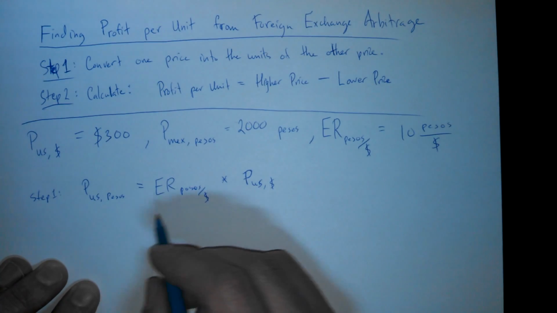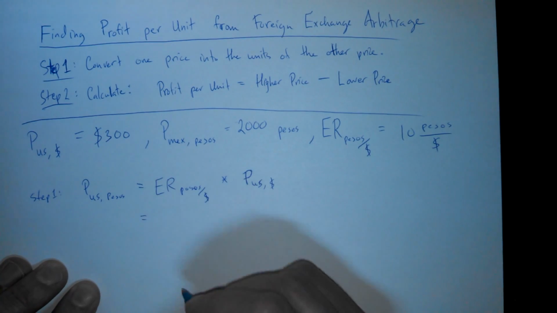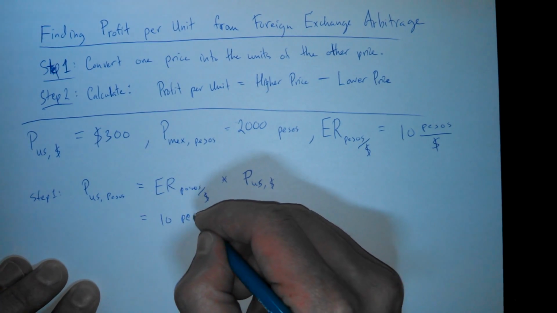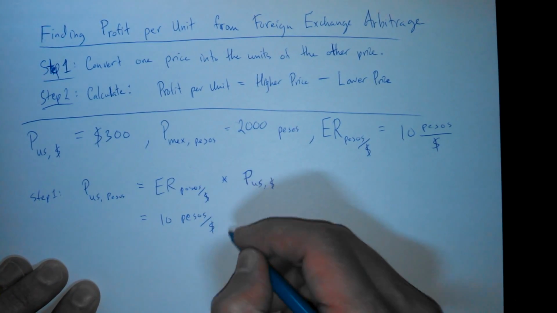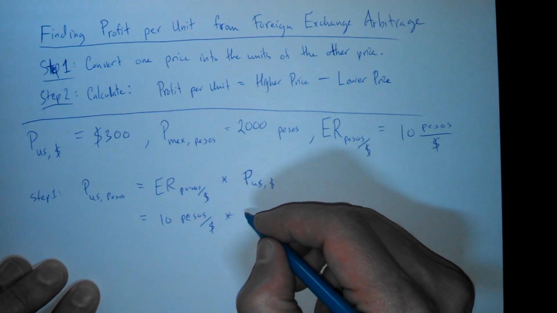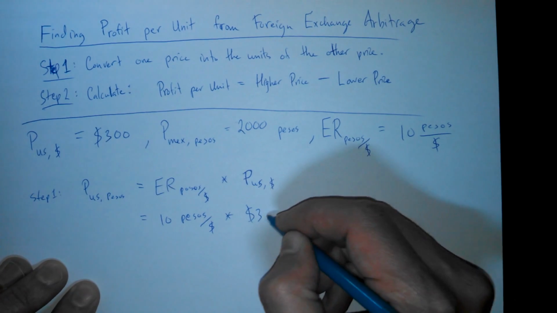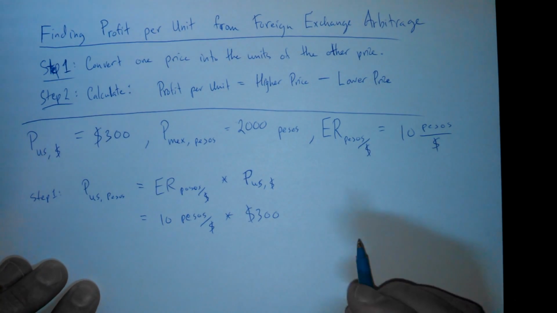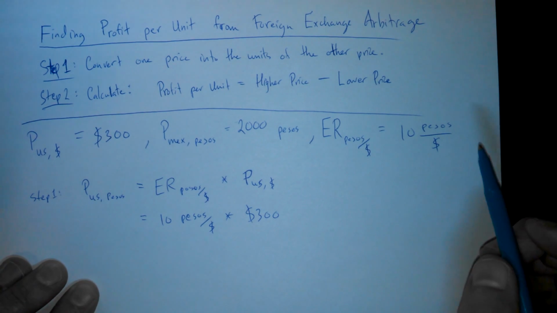Okay, so go ahead and plug in these numbers here. The exchange rate is 10 pesos per dollar multiplied by the price in the United States in dollars for the refrigerators, which is $300. And you can see here why it is useful to keep track of your units.